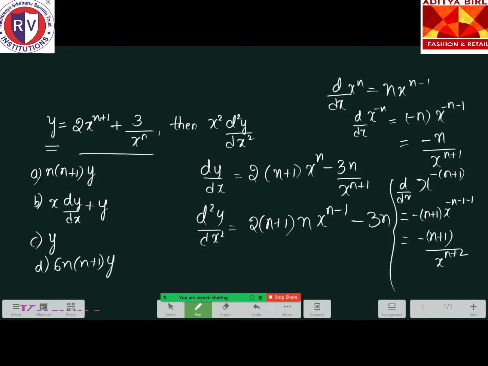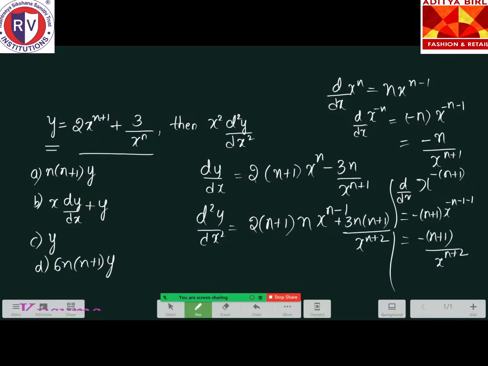So here this will be minus of minus. Sorry, this is minus of minus now. This will be plus 3n into n plus 1 divided by x to the power of n plus 2.